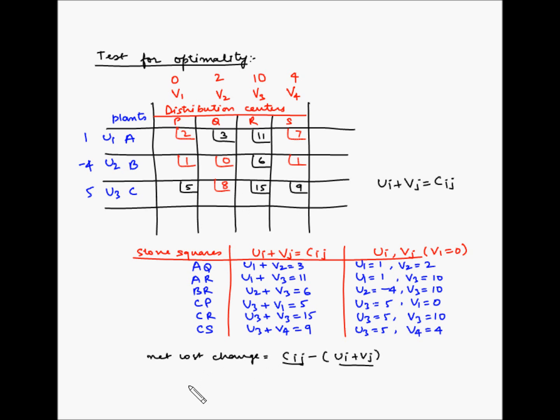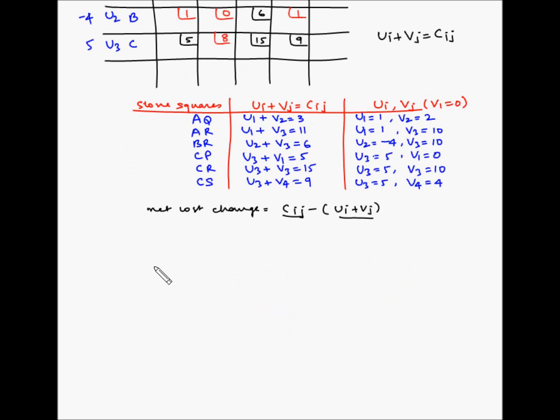So now let's find out the net cost change for the water squares. So water squares and then Cij minus Ui plus Vj, and this will give us the net cost change.